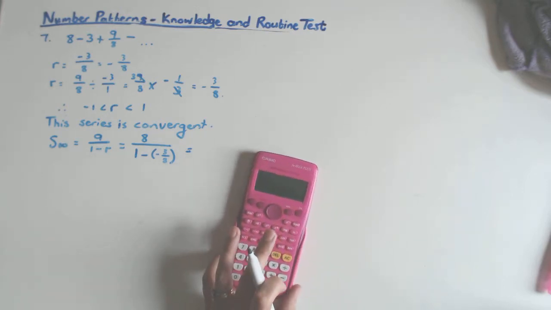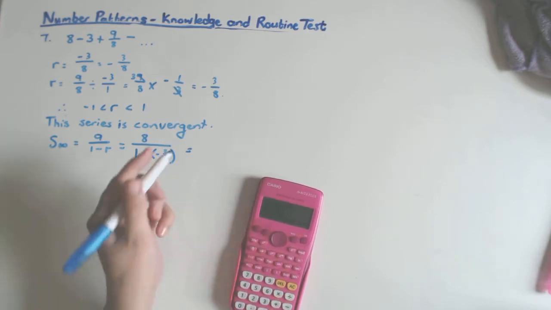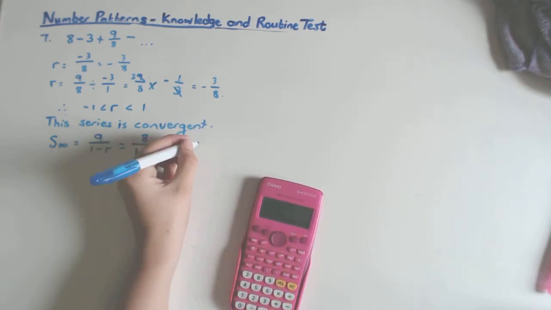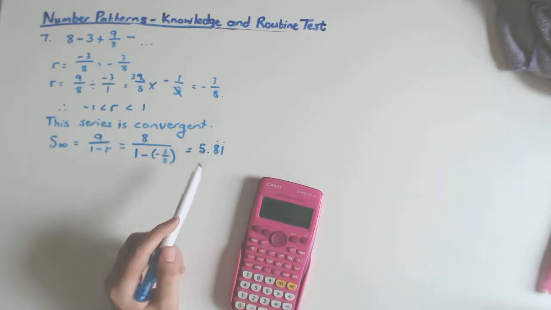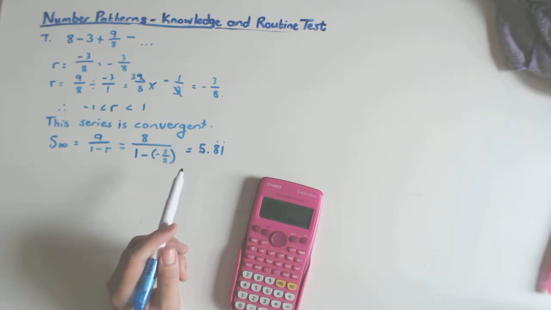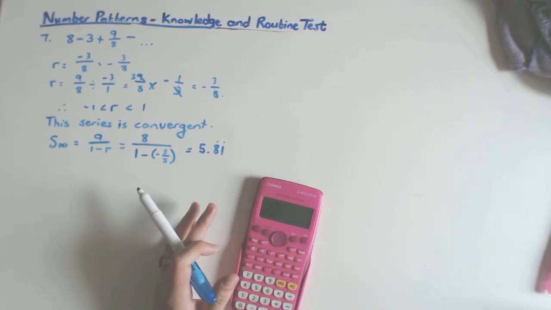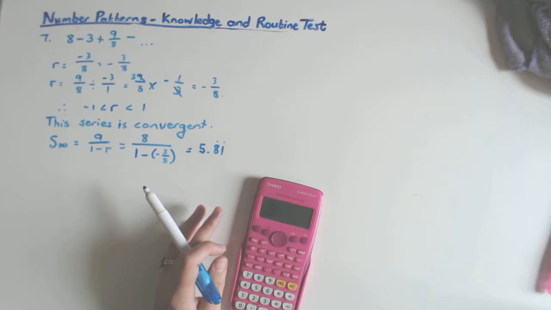I'm just going to make it a decimal, and then it gives me 5.818181, which is 5.81. It's not reciprocal. What is that word?